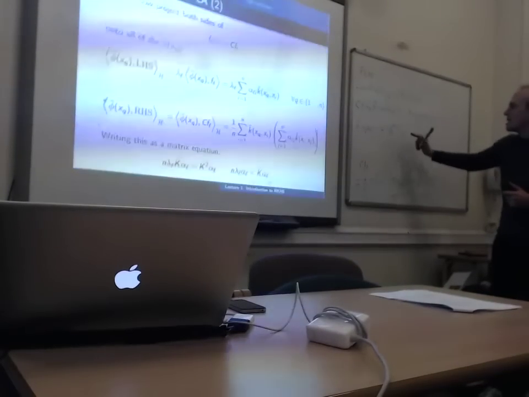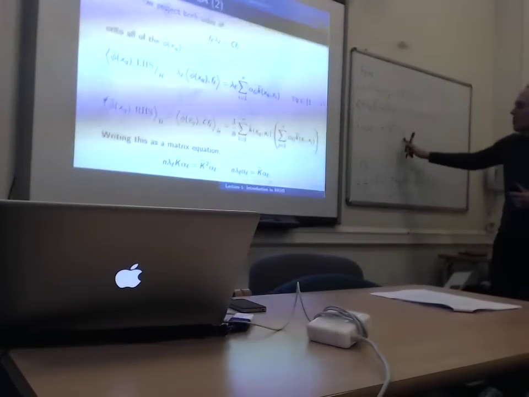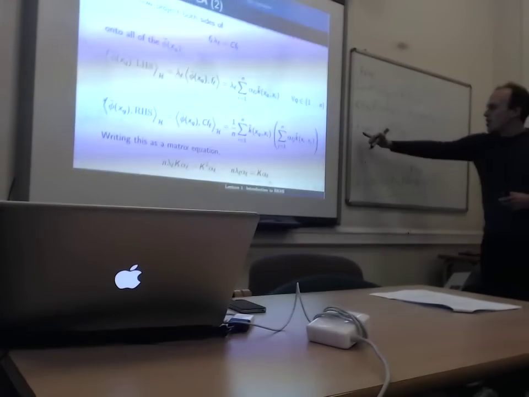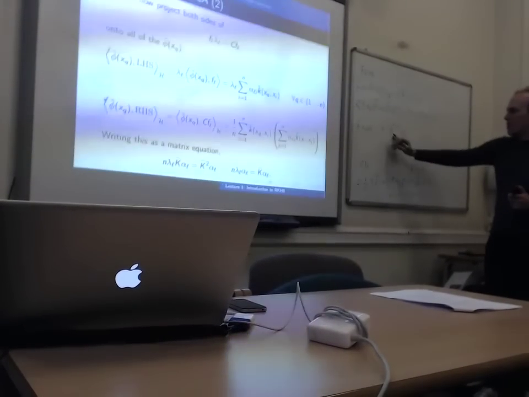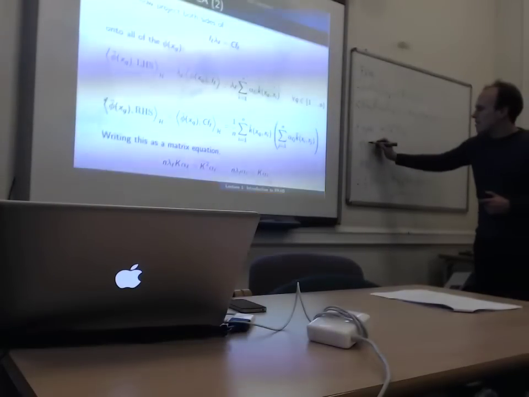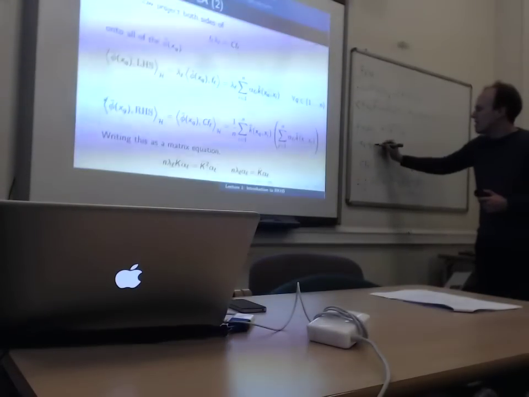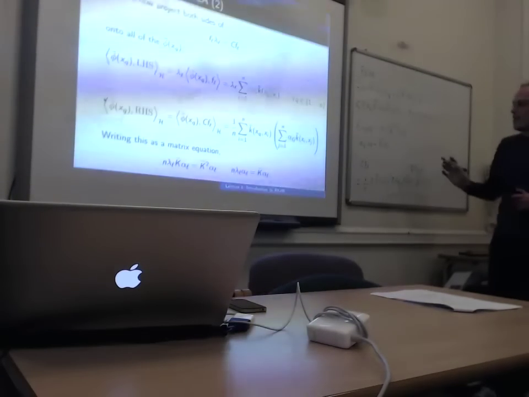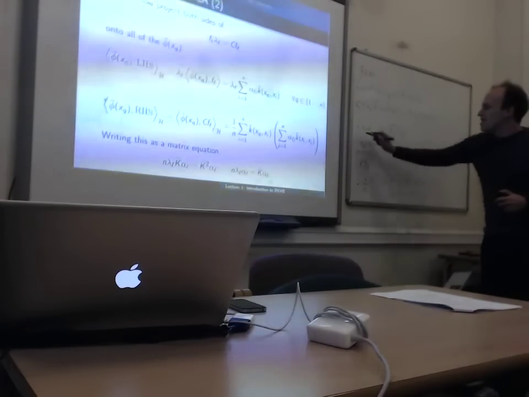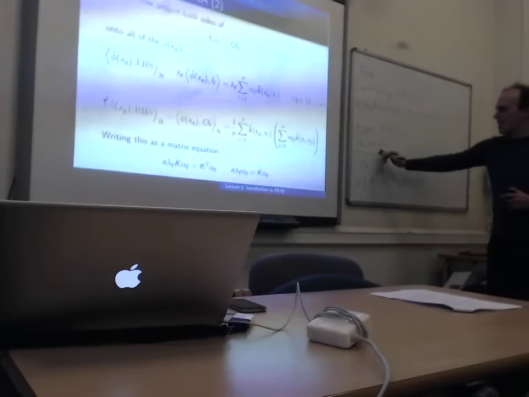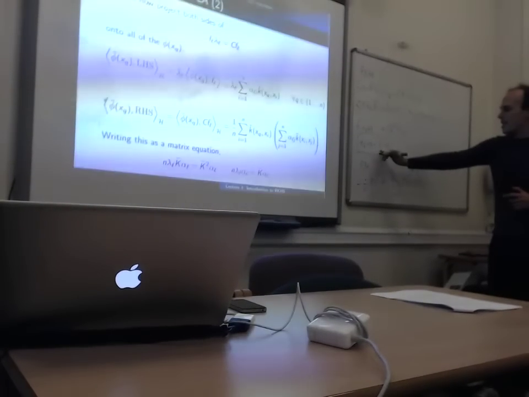So then I get basically kernel squared alpha L. Now I've got a kernel on this side and the same kernel matrix on this side, so I can cancel one of them. Then I just end up with alpha L lambda L is equal to k tilde alpha L. So now this is an eigenvalue problem in terms of the centered kernel matrix.